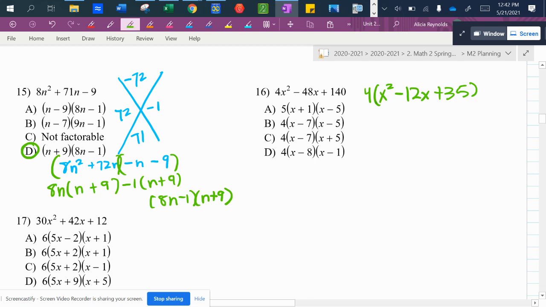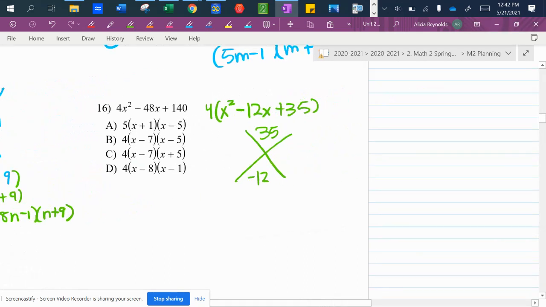Now that I have a equal to 1, I'm looking for numbers that are going to multiply to positive 35 and add to negative 12. Anytime I have a positive product and a negative sum, both of these numbers have to be negative. And the numbers are 5 and 7. So I get B.